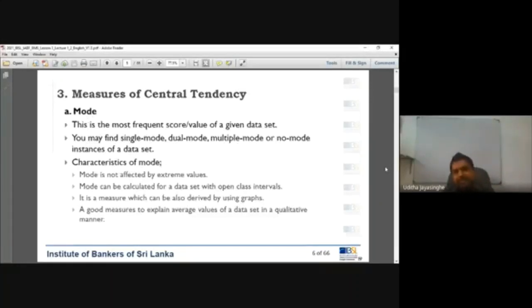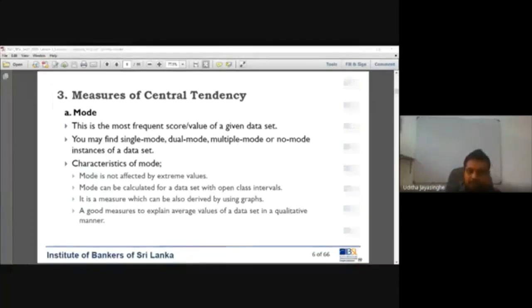The first indicator is nothing but the mode. It's the most frequently occurring item in a particular data set. Okay. So one classic example, let me just use the board here.